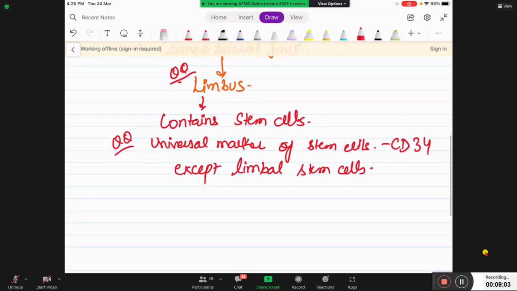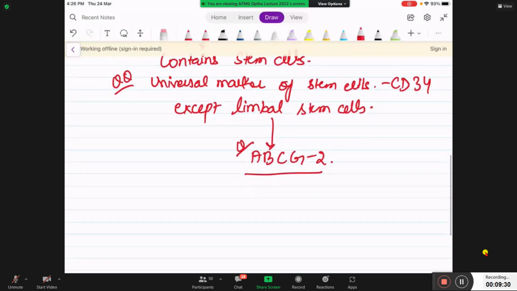And the marker of the limbal stem cell, write down, is ABCG2. This is an important question which is commonly asked in your exam. Marker of limbal stem cell is called ABCG2. Right? Okay. So this is all about your limbus.